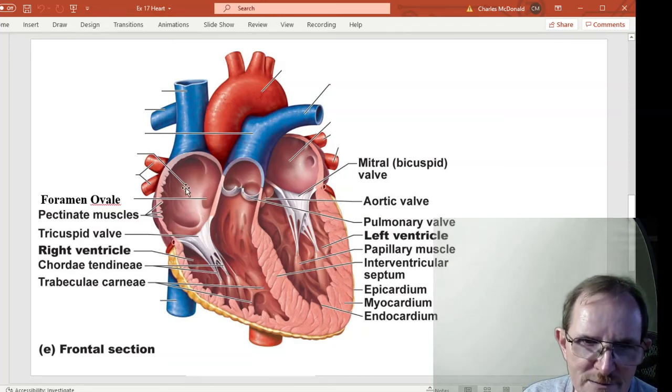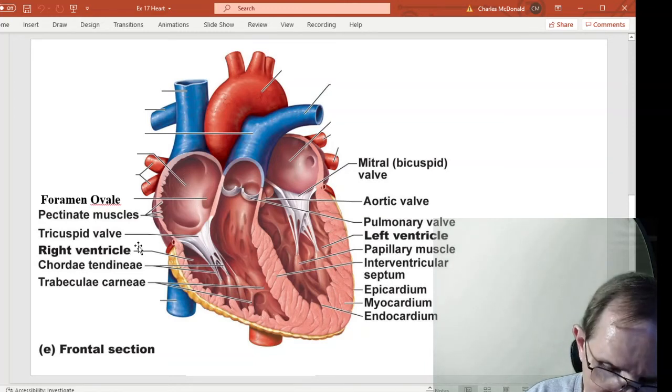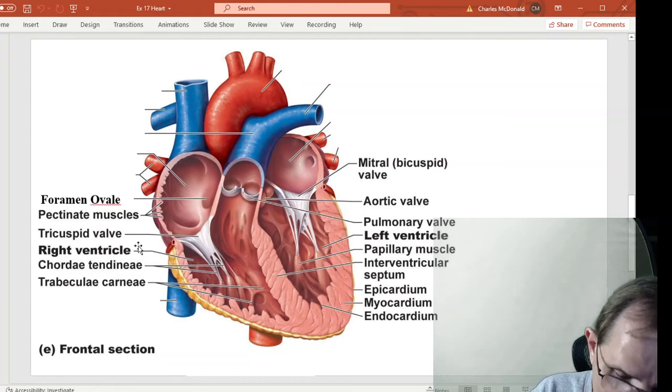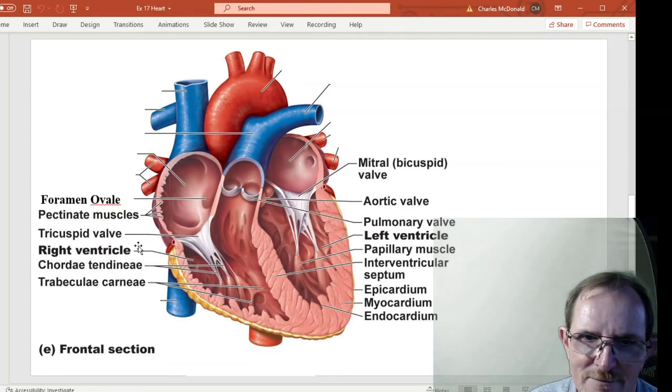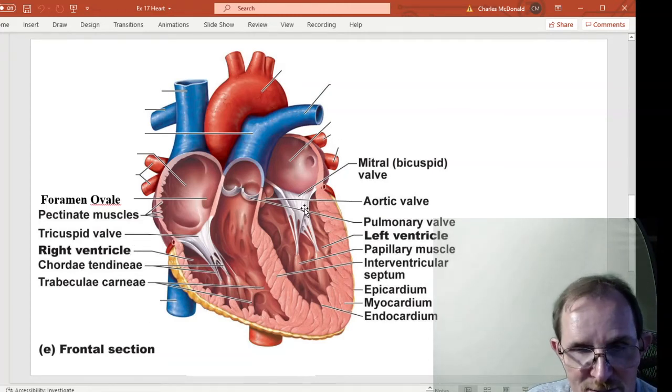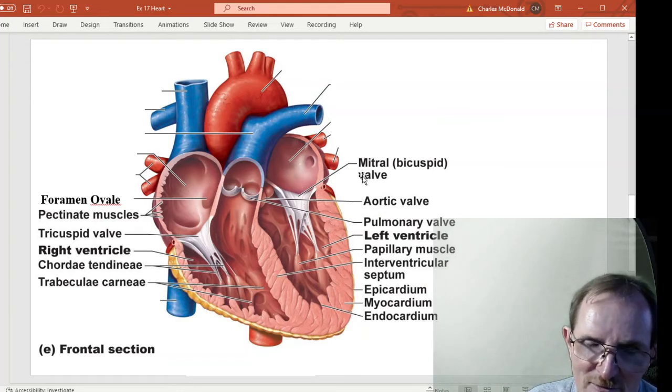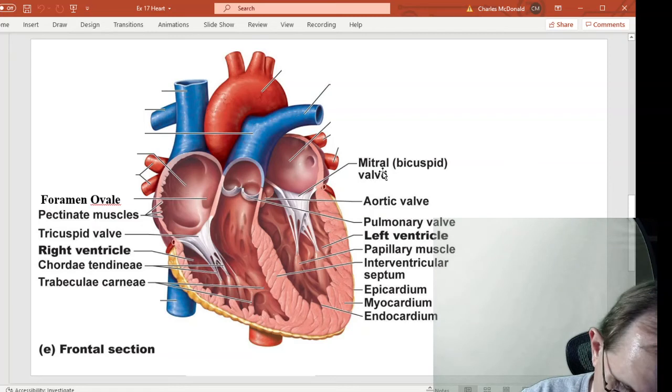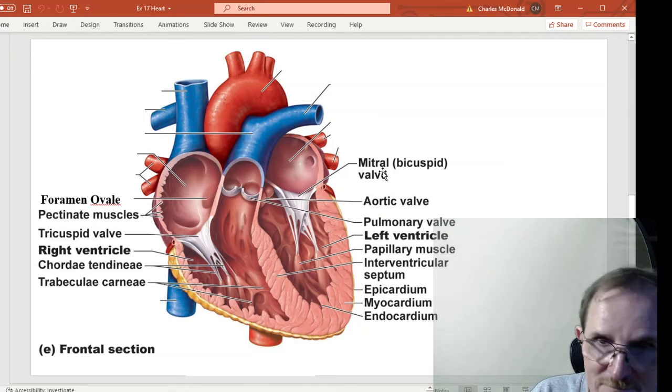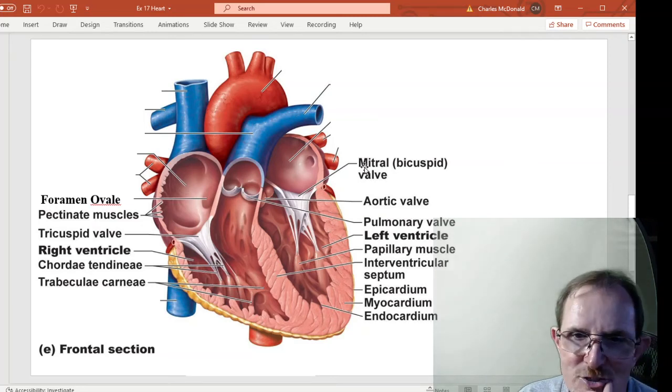Between the right atrium and the right ventricle, there's a valve that shuts to keep blood from flowing back in there. That valve is called the tricuspid valve. It's on the right side. On the left side, we have the bicuspid valve. You can also call it a mitral valve because that's a bona fide variation.